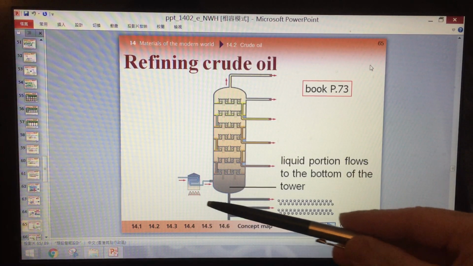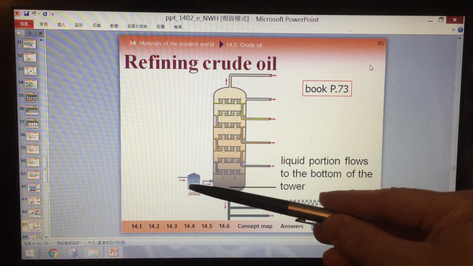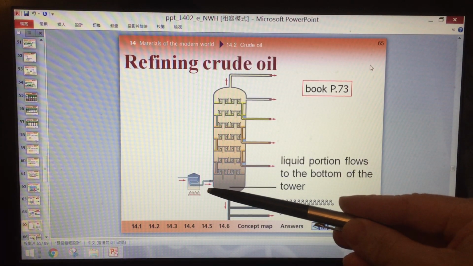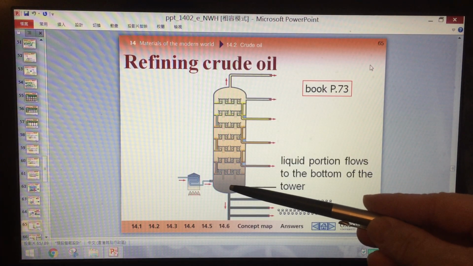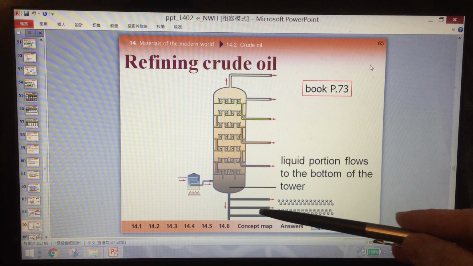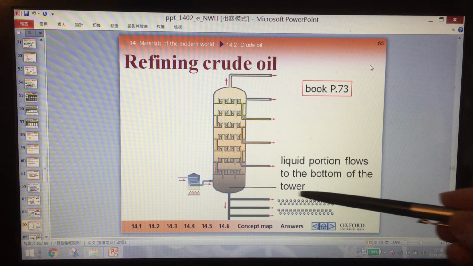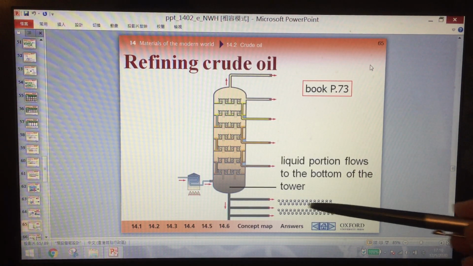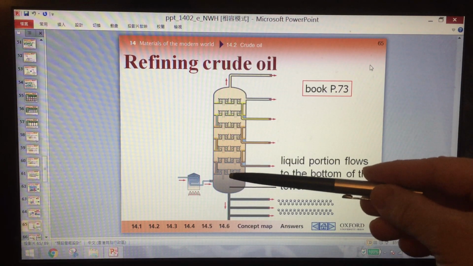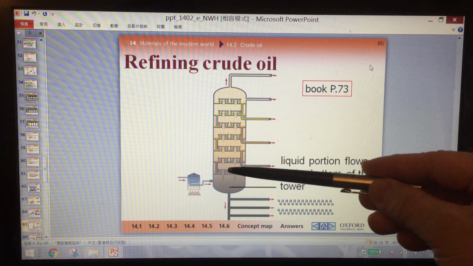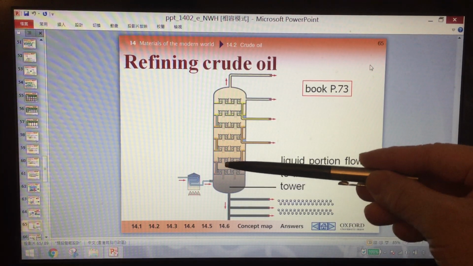Okay, so first step. After the 400 degrees Celsius, the very large molecules are still liquid, so they will go down and we will collect them here. But the large, medium, and small size molecules will go up.